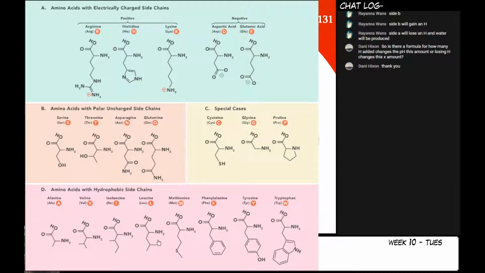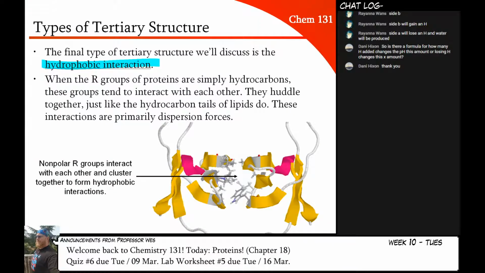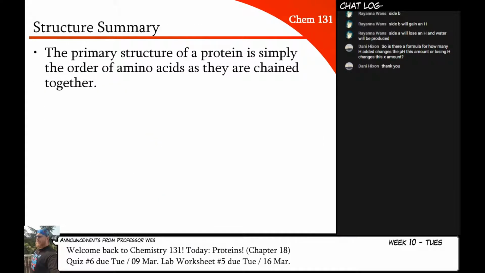So you can imagine if I had a bunch of leucines and phenylalanines all next to each other, the only thing they have is dispersion, but they are relatively flat molecules, so I could just sort of stack them together and allow them to interact. So those are the 4 types of tertiary structure.